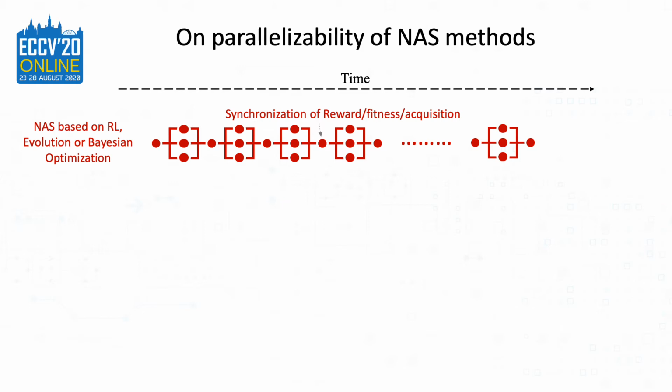Another big advantage of our approach is its full parallelizability. For NAS based on reinforcement learning, evolution algorithm, or Bayesian optimization, the compute can be parallelized within each step, but synchronization is demanded to collect signals such as reward in reinforcement learning, fitness in the evolution algorithm, and acquisition in Bayesian optimization.